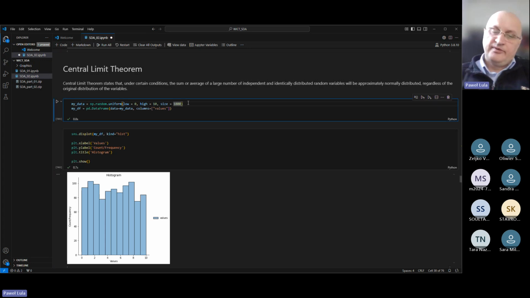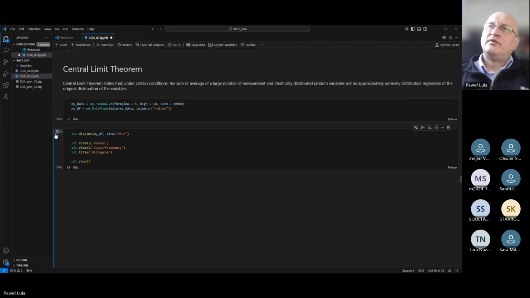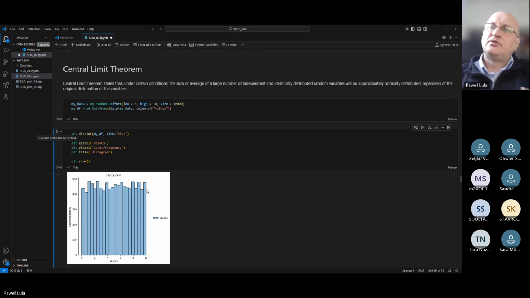Of course, we can change the number of elements for more values. The similarity to uniform distribution should be higher.